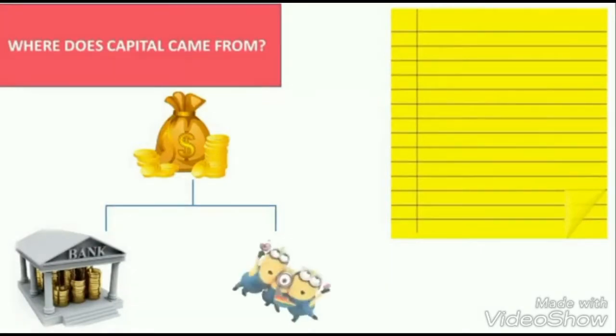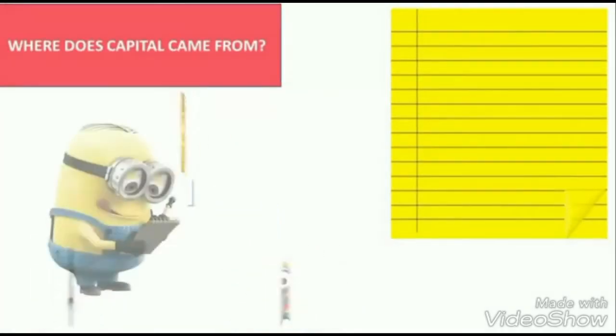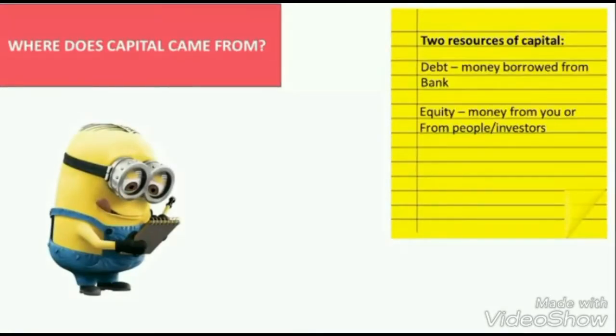The next main source is when the owners or investors, such as you yourselves or your friends, put your own money into your business. This is called equity. Take note of that. Two resources of capital: debt, money borrowed from the bank; equity, money from you or from investors.